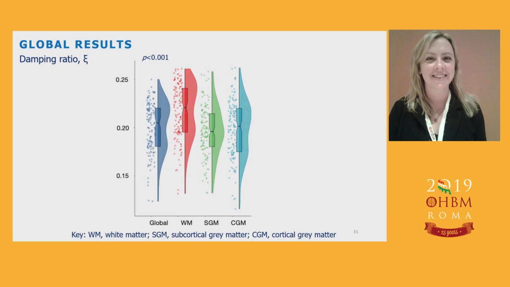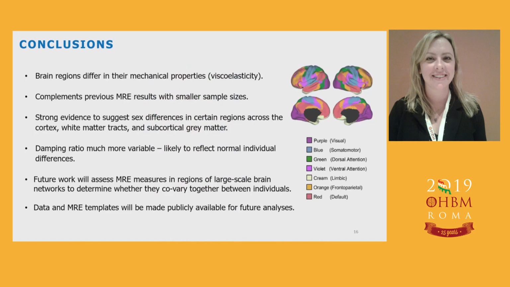This is interesting because this is the parameter that's routinely been associated with cognitive functioning. Moving on to the global measures, this is really quite variable. Even though they're quite distinct in terms of the global damping ratio, the white matter, the subcortical, we can see a huge variation, and that's what's particularly interesting, I think, when we want to look into more cognition-based tasks.